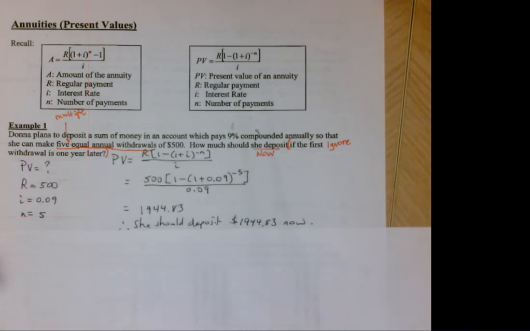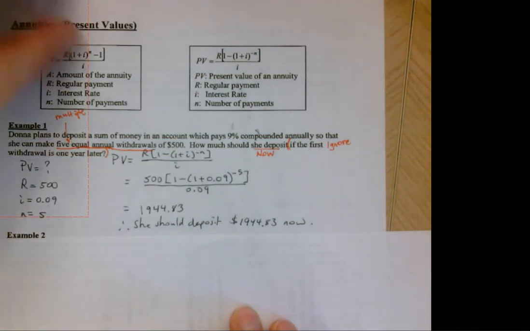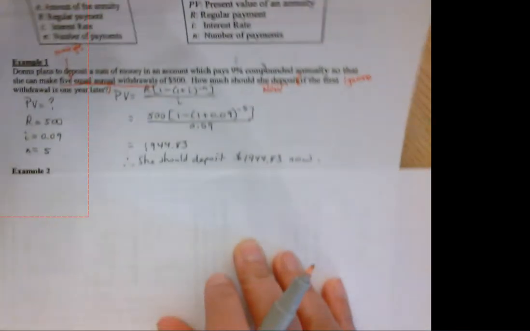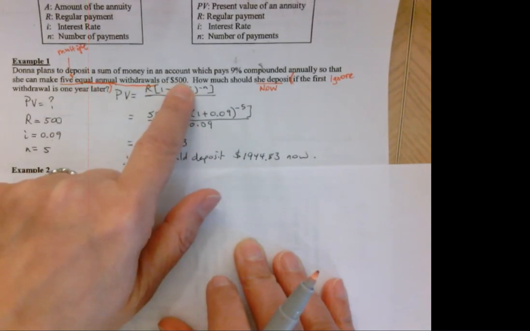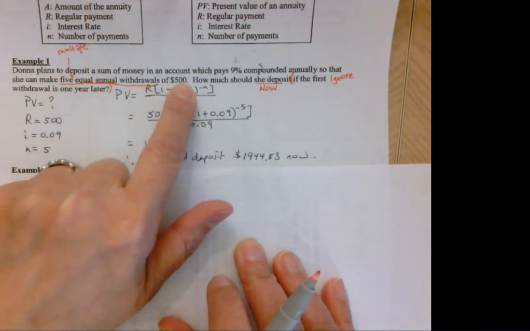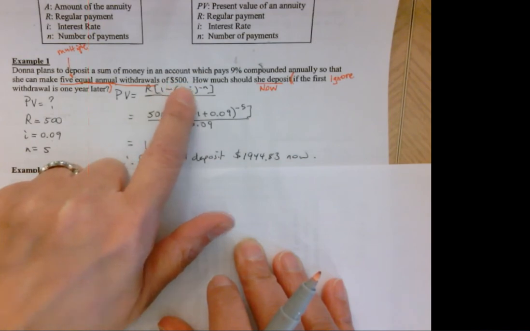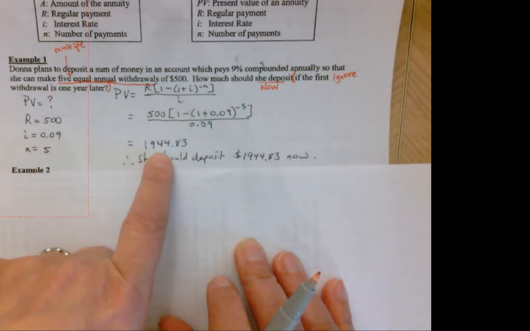We put in all our variables and we figure out the present value, how much she needs. And if you look at it, notice 5 annual payments of $500, that's $2,500 over the 5 years. But she only needs to put in this much to get $2,500 worth of payment. So she's actually making money in interest.